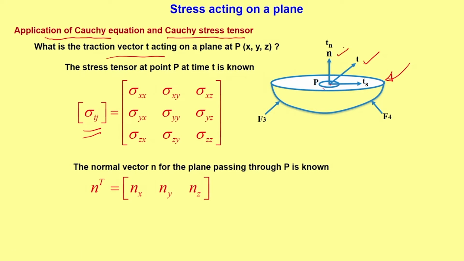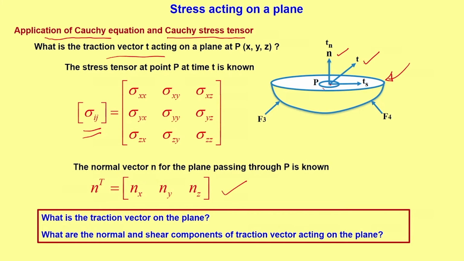The direction cosines of the normal vector n for the plane are known. Now, the question is, what is the traction vector T on the plane? And what are the normal and shear components of the traction vector acting on the plane?